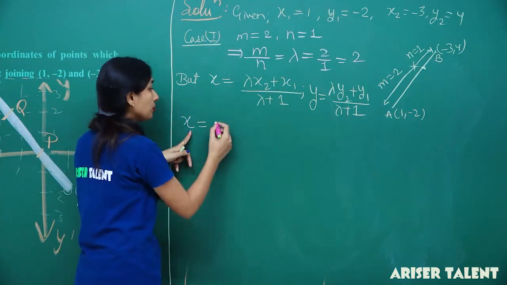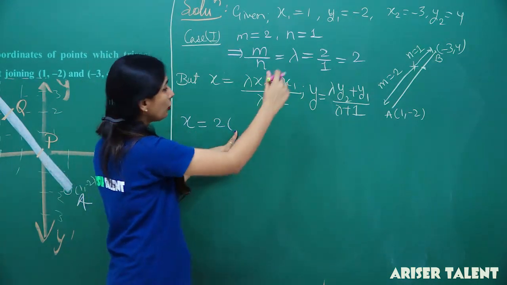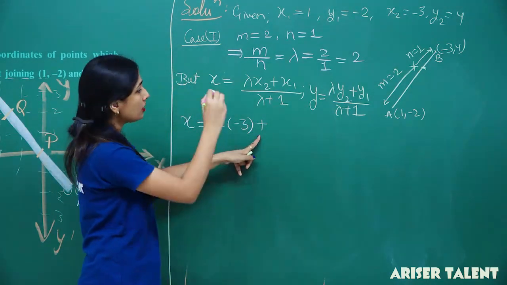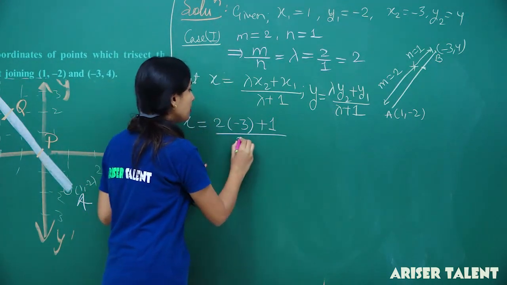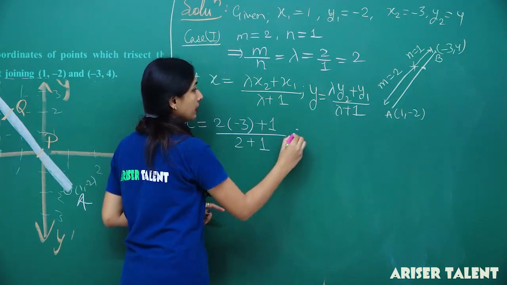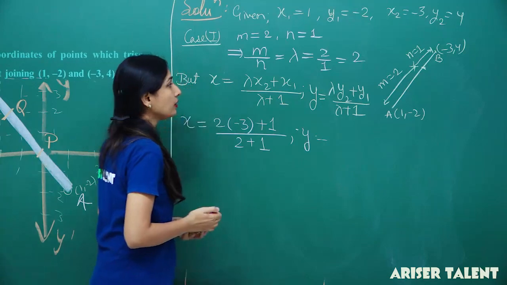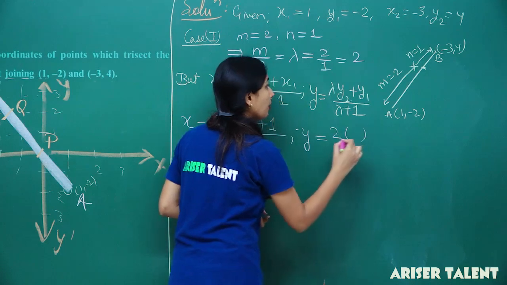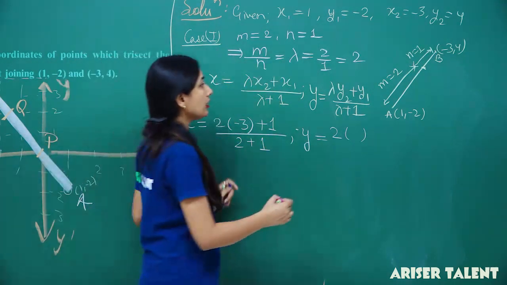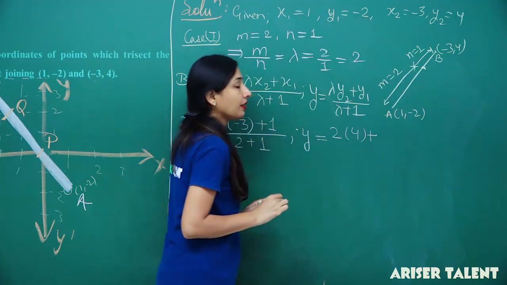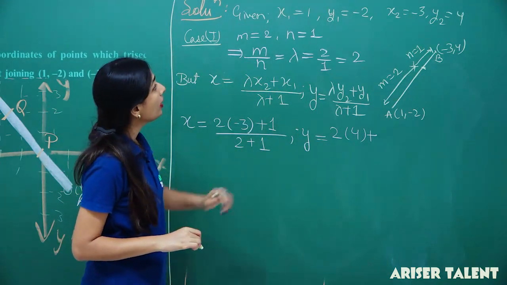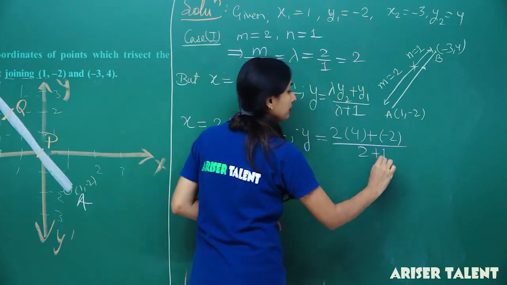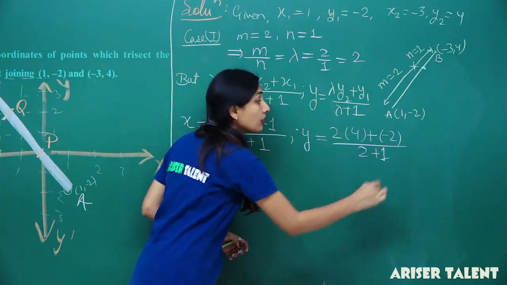Lambda is 2, the value of x2 is -3, plus x1, the value of x1 is 1, over 2 plus 1. And y equals lambda, again 2, times the value of y2, which is 4, plus y1, which is -2, over 2 plus 1.